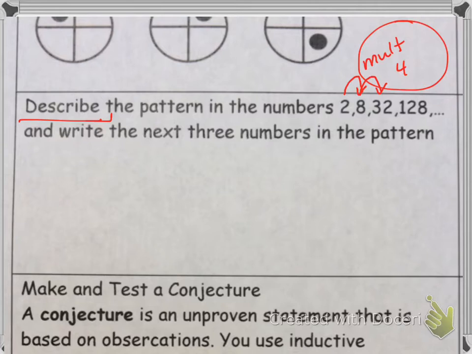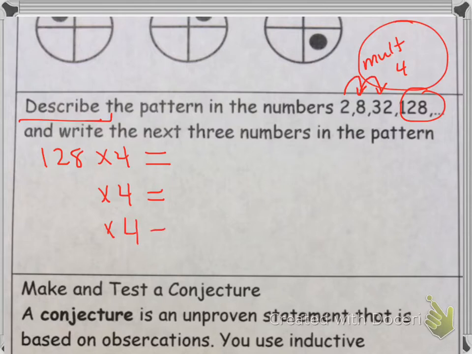And then it says write the next three numbers in the pattern. So how do I get the next number in the pattern? I would take 128 and I would times it by 4. I would get that answer and times it by 4, and then get that answer and times it by 4. That will give me my next three numbers in my pattern. So let's grab our calculators out and do that real fast.